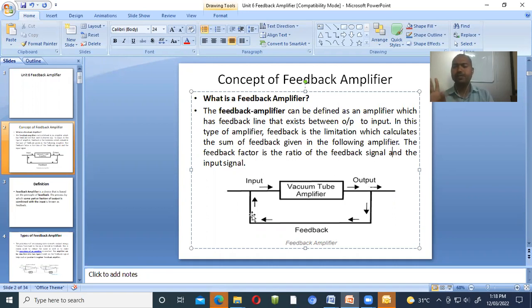Negative feedback means the phase shift between input and output is 180 degrees.